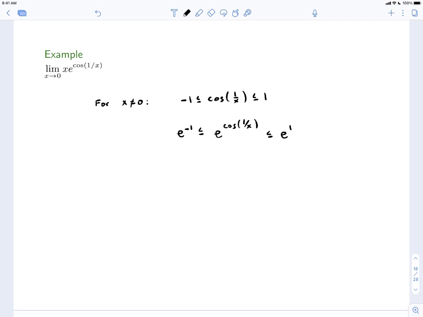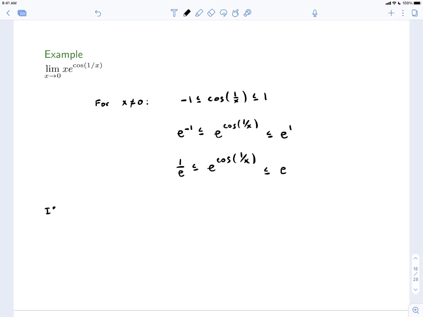So in that case, we now have some inequalities. Let's write it like this: 1 over e less than or equal to e to the cosine of 1 over x less than or equal to e. The thing that we're actually looking for is x times this. So we can multiply everything by x. Now, if you multiply by x, you might have to change the direction of your inequalities because x might be negative.